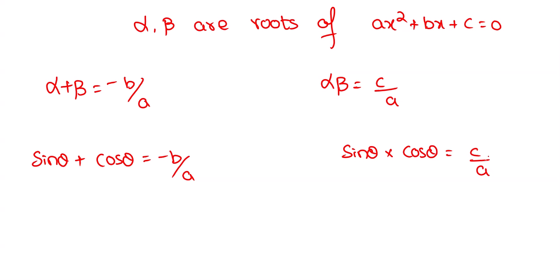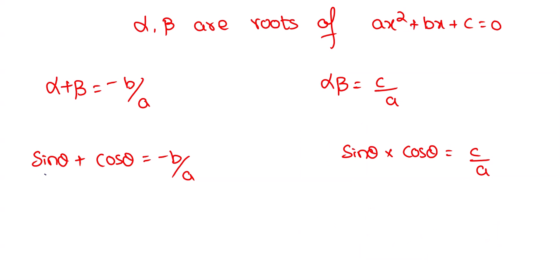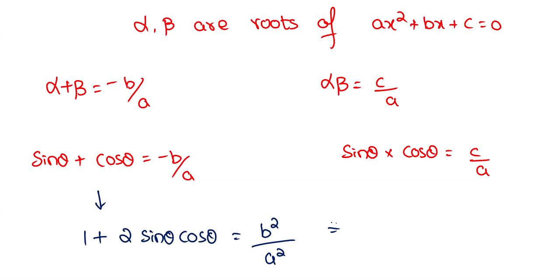Now we can square both sides, because sine square theta plus cos square theta is 1. Then 1 plus 2 sine theta cos theta. I'm writing sine square theta plus cos square theta as 1. So this side is b square divided by a square. And we know sine theta cos theta is c by a, so we can replace it here with c by a.